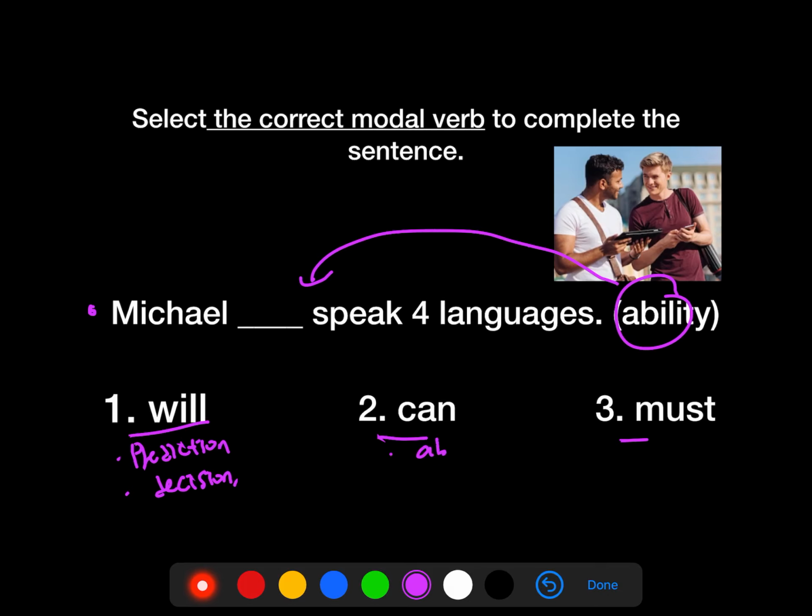Can, ability. Yes. We got the answer, but let's do it. Permission, can I do it? Must, obligation. May, permission, and logical certainty.